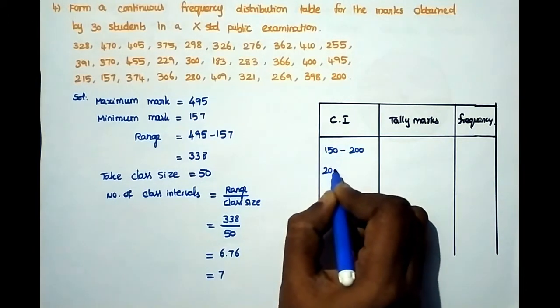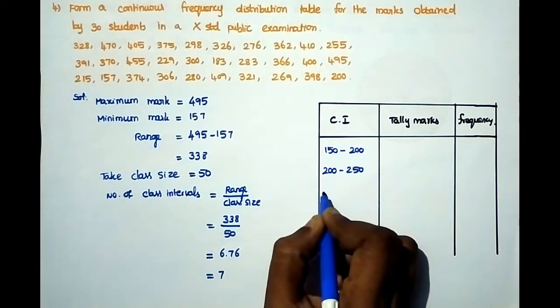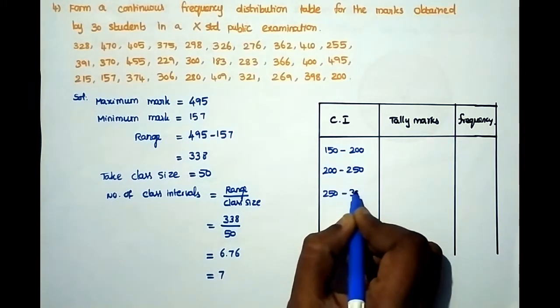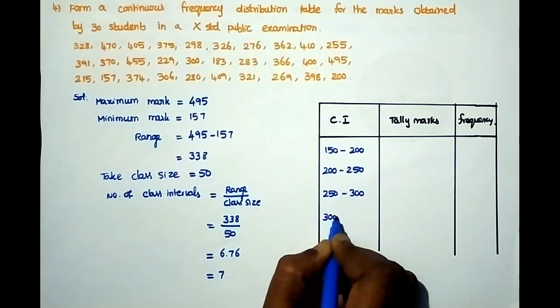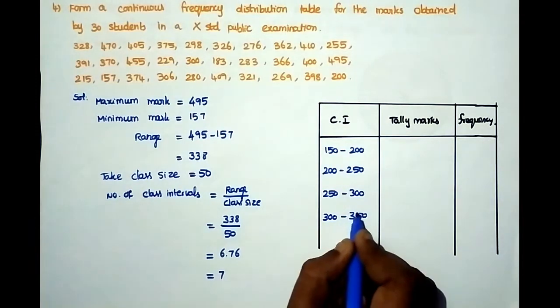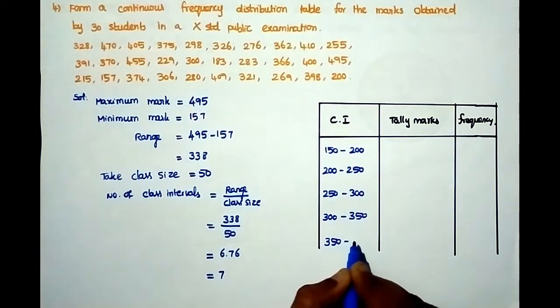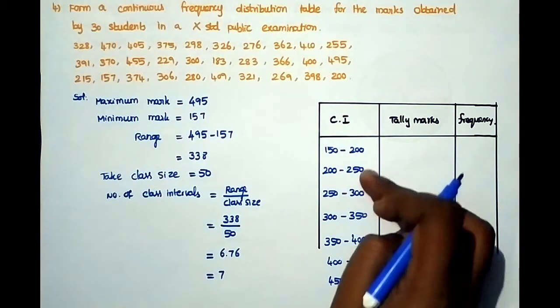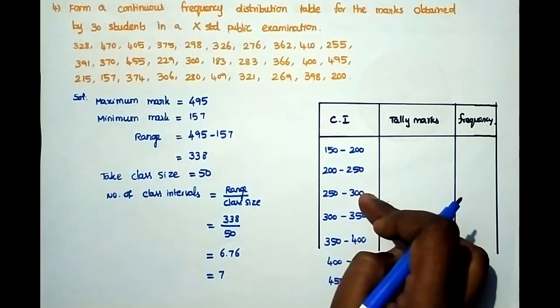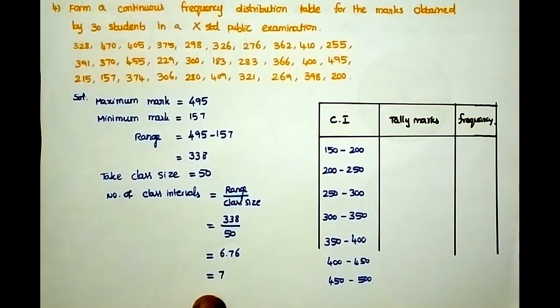Next 200 to 250, then 250 to 300, we have to write continuously, so 300 to 350. Next 350 to 400, 400 to 450, and then 450 to 500. Now count: 1 2 3 4 5 6 7, so that is 7 class intervals we have to write.